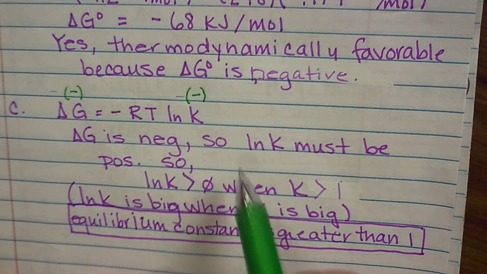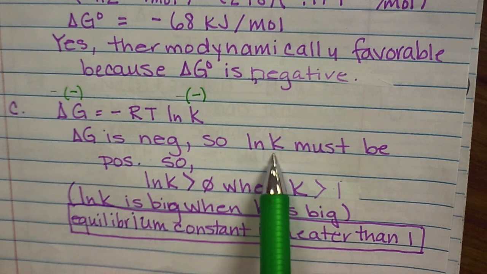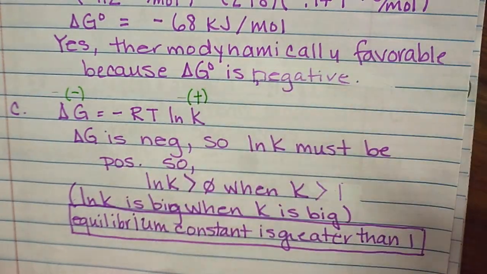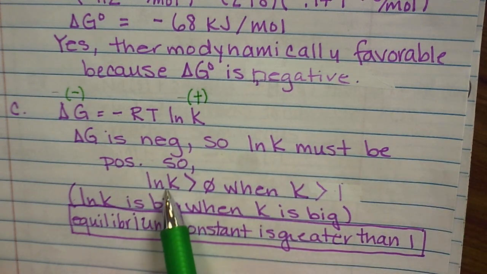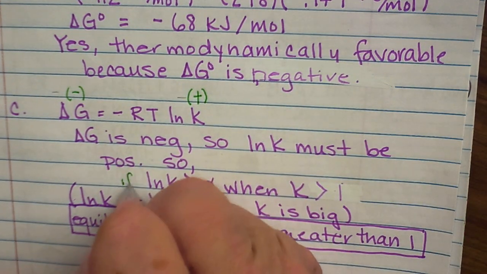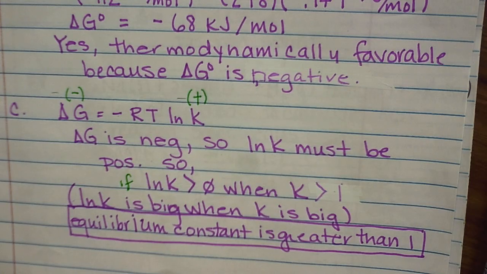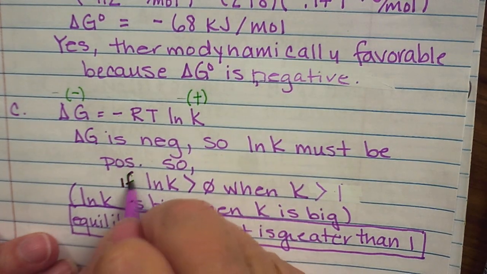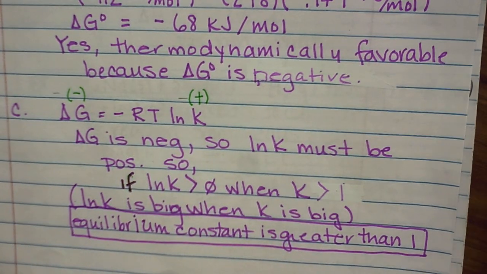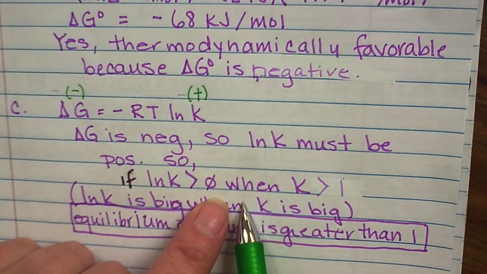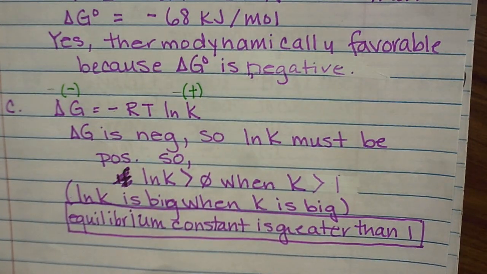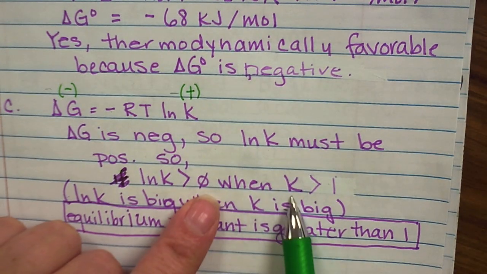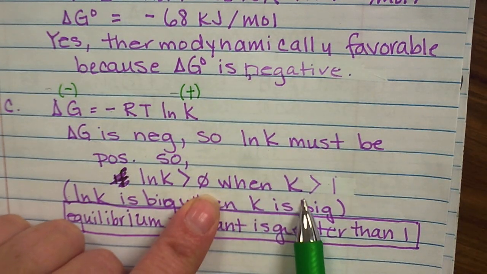Okay, so ln of k must be positive. If ln of k is greater than 0, ln of k is greater than 0 when k is greater than 1.